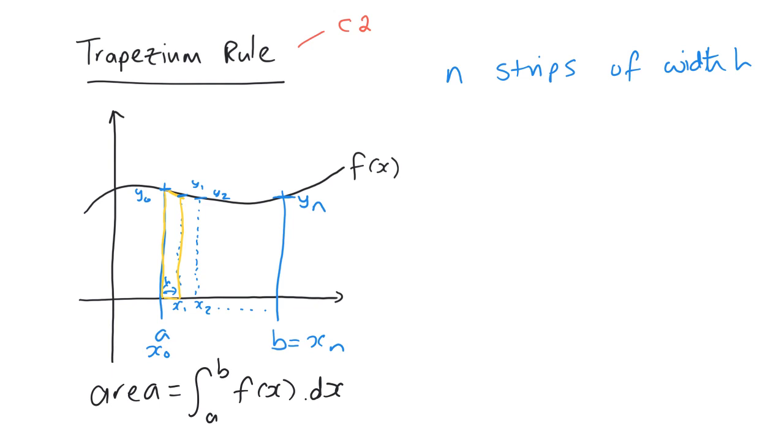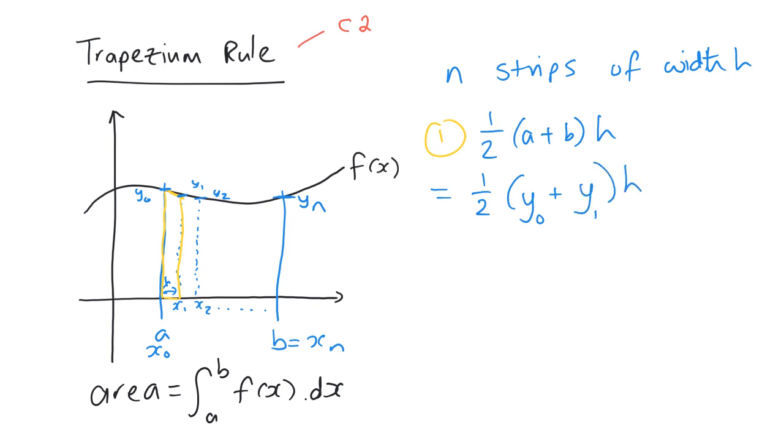So if we look at the first trapezium there, the yellow one, well, we know the formula for the area of a trapezium. It's a half times a plus b times h. So our a and our b are our y coordinates, y0 and y1, and our h is the width of it, which we've said we'll just call h.